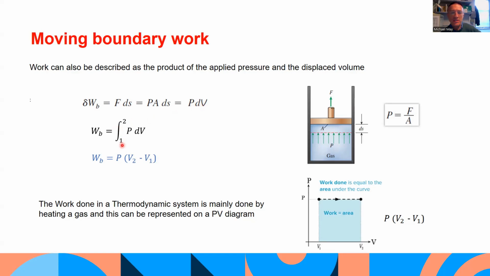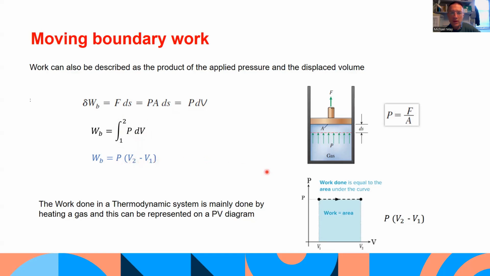We integrate between states 1 and 2, integrate P dV between those two states. If we were dealing with an isobaric process, that's a process that occurs at constant pressure, we can take the P out of the integral and we integrate dV between states 1 and 2. And we simply get pressure times V2 minus V1.